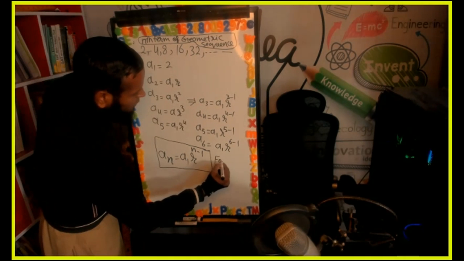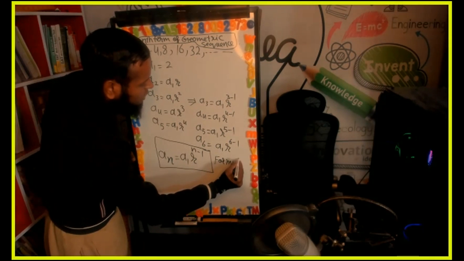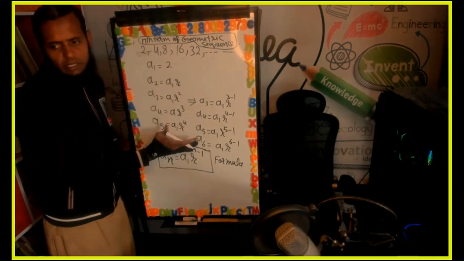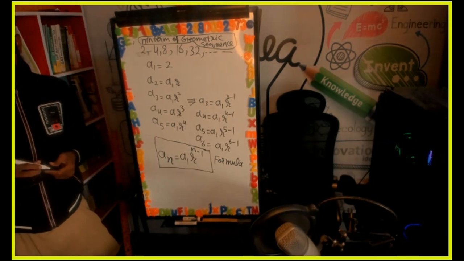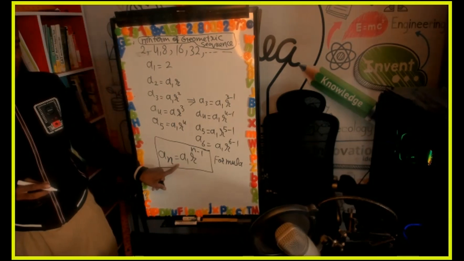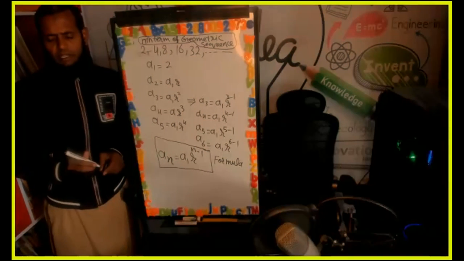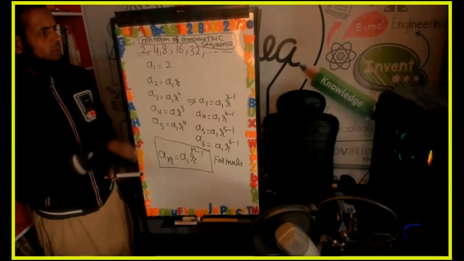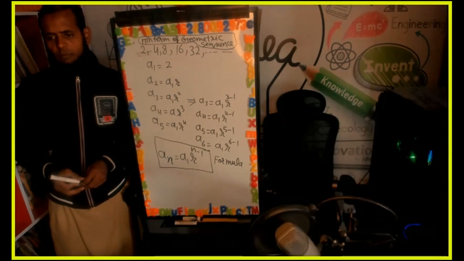You should remember this formula; the rest is for understanding purposes. This is the main formula. We will use this formula to get our required nth term if we are given a geometric sequence.